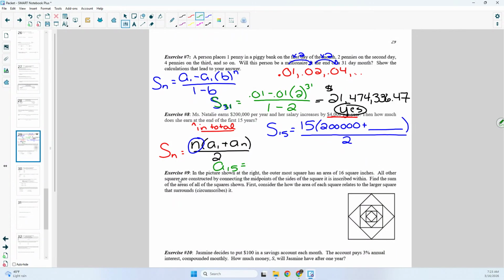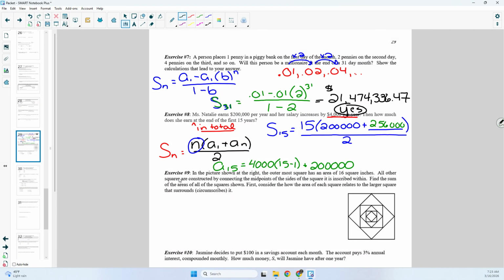So I'm going to need to use an explicit formula to find that. So my explicit formula states that I start with a common difference, which is 4,000, times n minus 1. So n minus 1 is 15 minus 1, or 14, plus a sub 1. So that is the arithmetic explicit formula. And that's going to give me 256,000, or that's how much she makes in the 15th year.